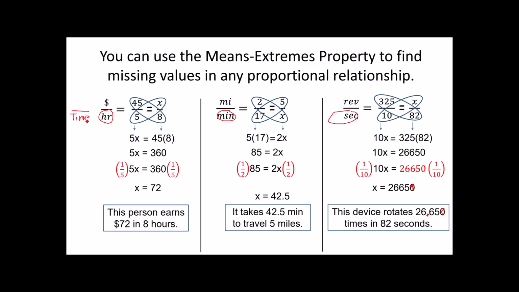What you'll find is that if you were to flip this entire thing over and do hours on top, money on bottom, 5 on top, 45 on bottom, 8 on top, x on the bottom, when you cross multiply, you would actually end up with the exact same expression or relationship. So it's not terribly important for what we're doing to have these in the order we have them.